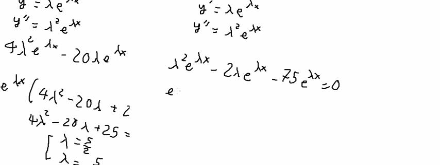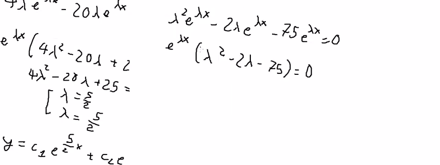So we do factorization. So we find the solution of this one, and we get lambda square minus 2 lambda minus 75 equals 0 in here, and we have two solutions.